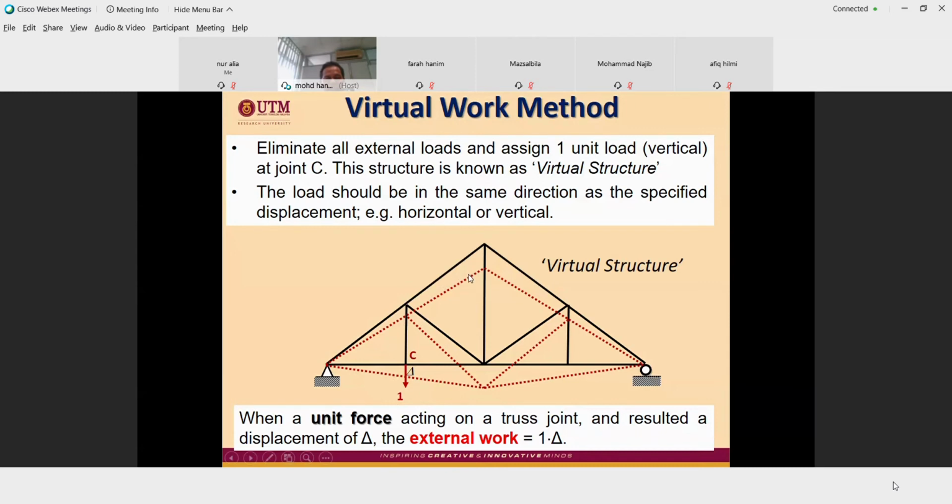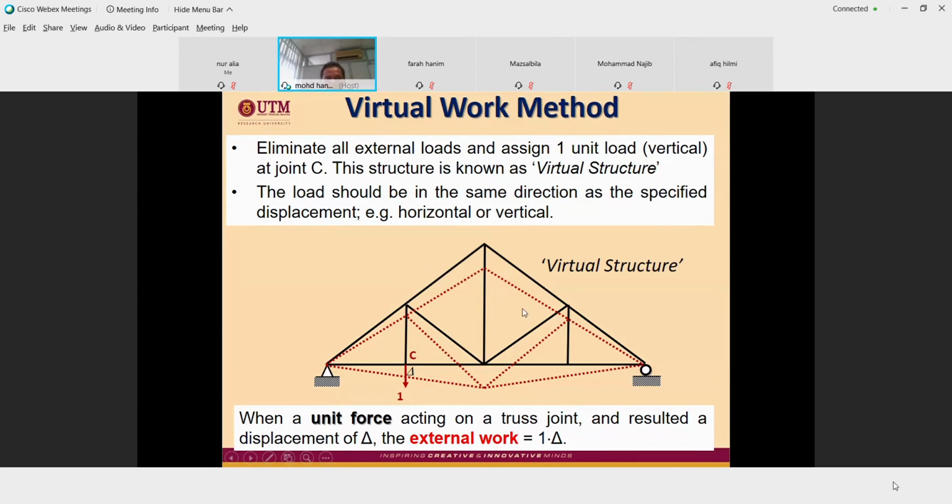What is the internal load in each member? The internal work in each member is equal to the force in each member multiplied by the deformation of each member. What is the deformation of each member? We can calculate the deformation if we know the force. Because every member of this structure actually deforms.